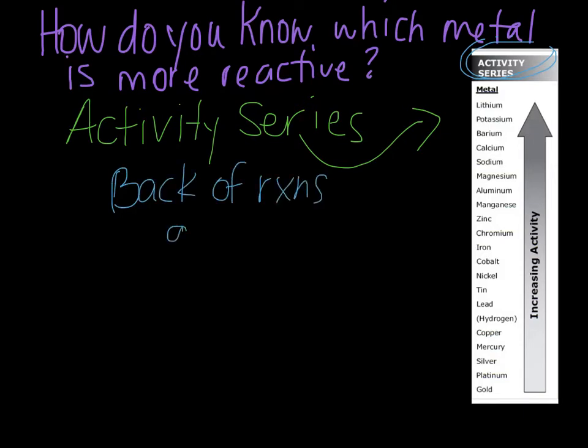And so it has metals listed out, starting with the most reactive at the very top, so that would be lithium, and ending with the least at the very bottom, which would be gold. So you're going to use this to determine if the single metal, if the one that's alone, is more reactive, it's going to steal the place of the less reactive metal. So we're going to be referring to this when we work out the next examples.